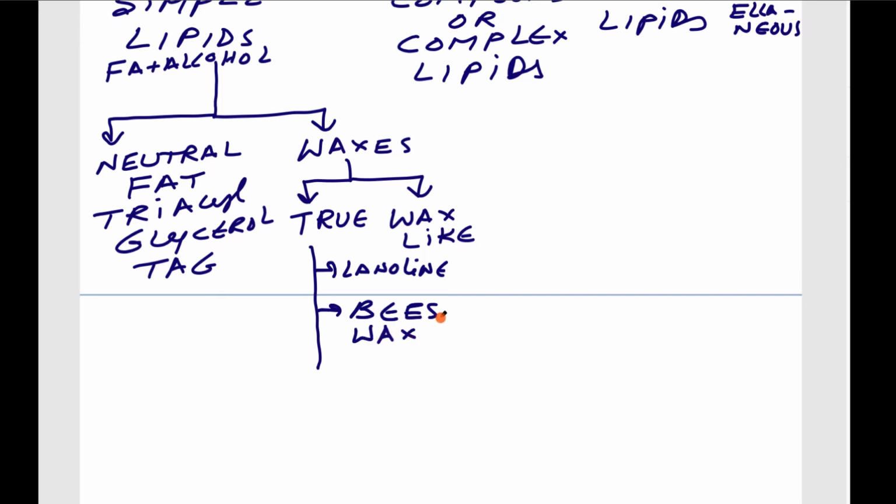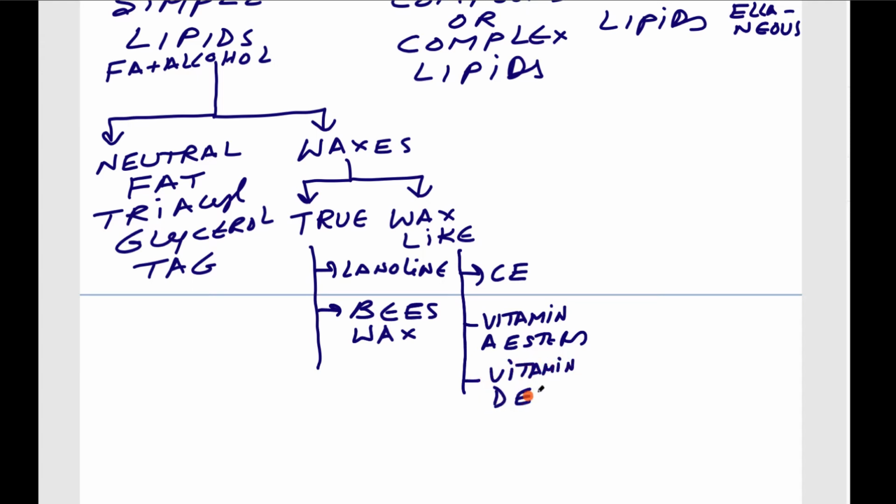Then in wax-like substances, we can have cholesterol esters, vitamin A esters, and vitamin D esters. So these are simple lipids.